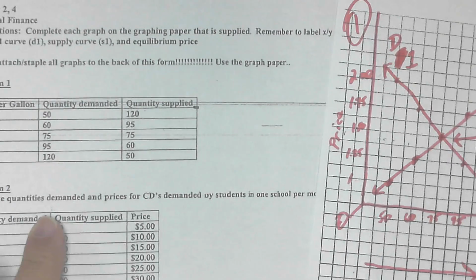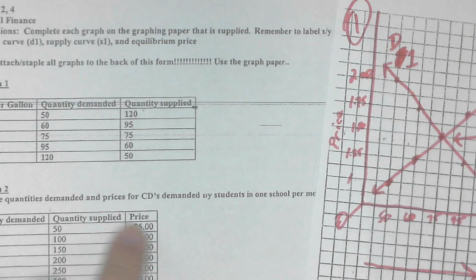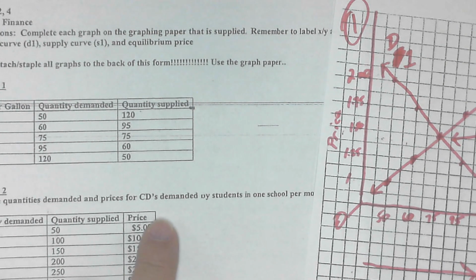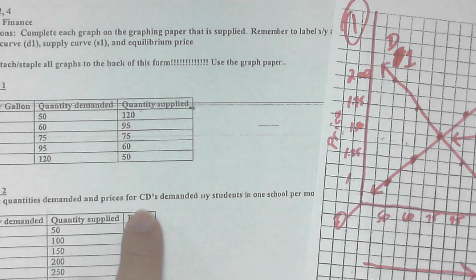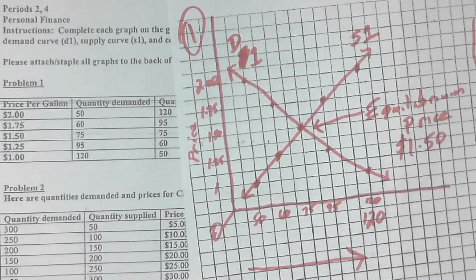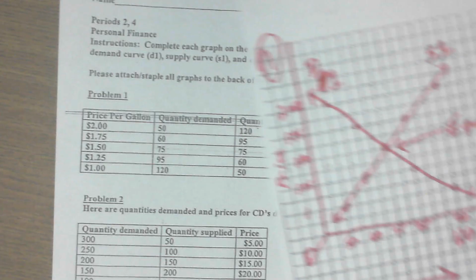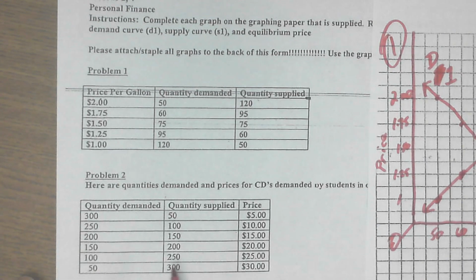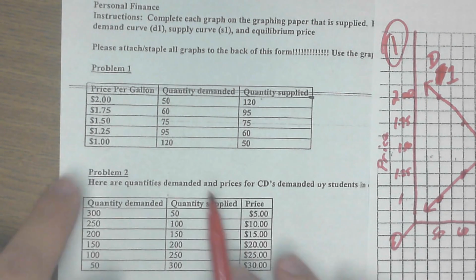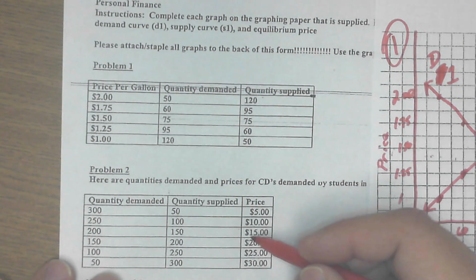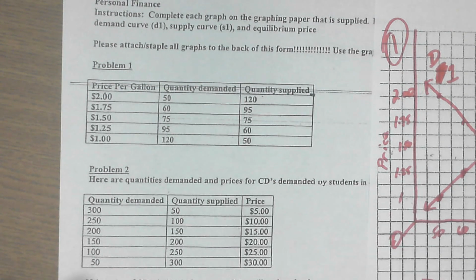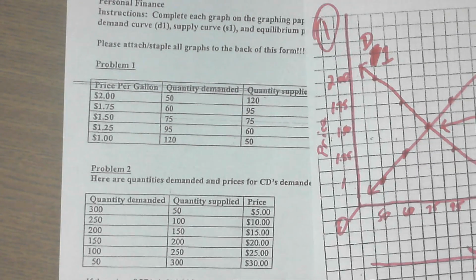So now we've got number two, price and demand for CDs. Notice the chart is inverted from the top one, but we can still make it the same way. Still put our price on the left side.